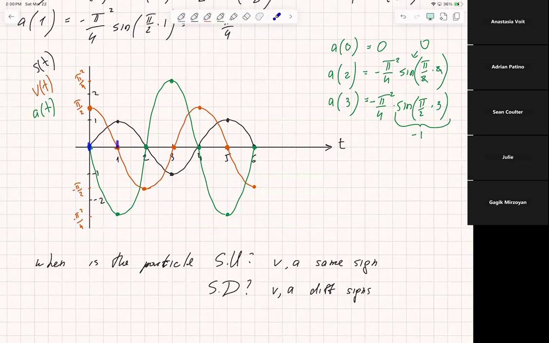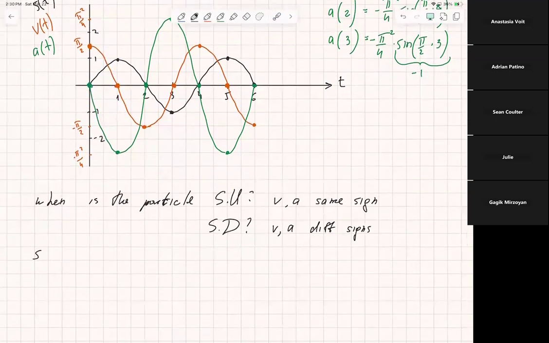From 0 to 1, we see that the acceleration is negative and the velocity is positive, right? So in this case, we are slowing down here, because these are different signs.